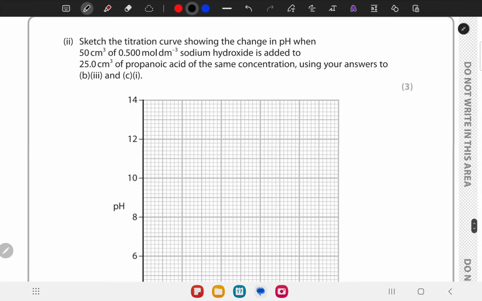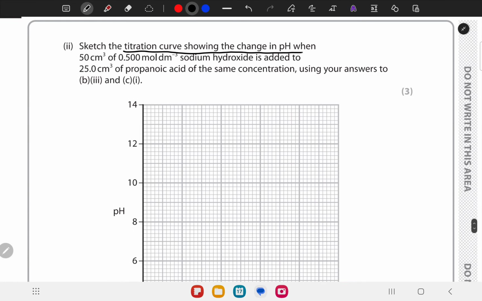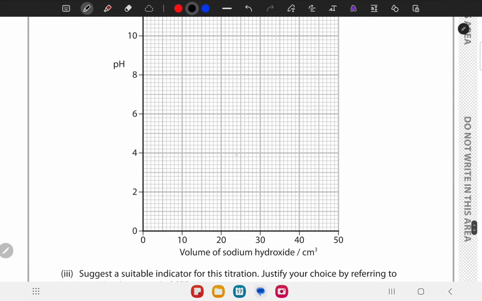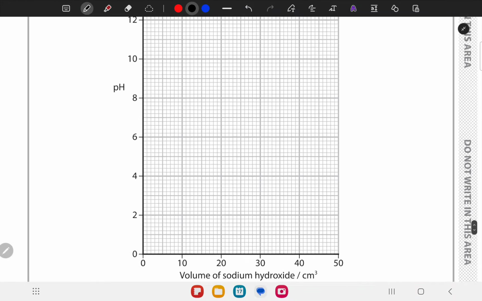Now in part 2 we have to sketch the titration curve showing the pH when 50 cm cube of 0.5 mole per dm cube sodium hydroxide is added to 25 cm cube propanoic acid. Since the mole ratio would be 1:1, we'll have a vertical section at 25 cm.